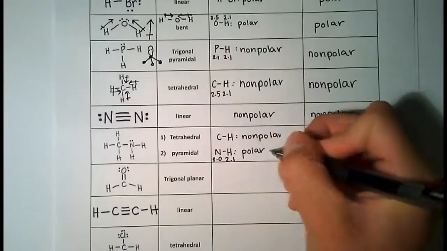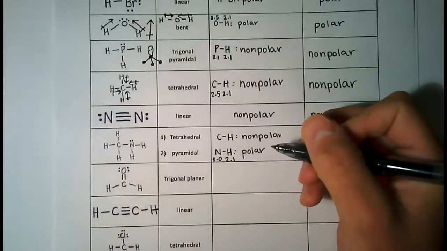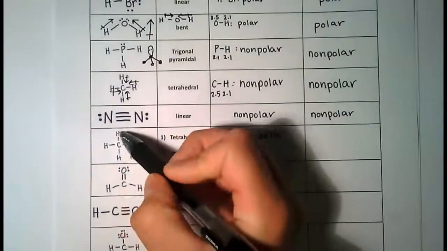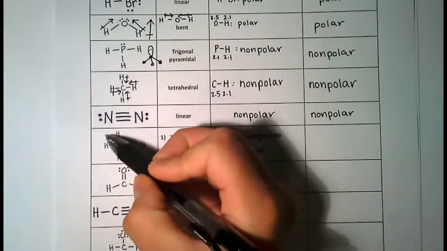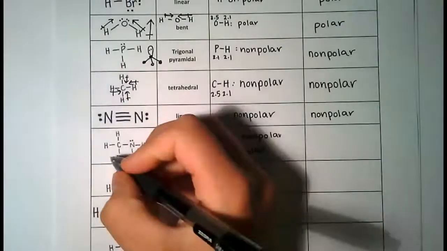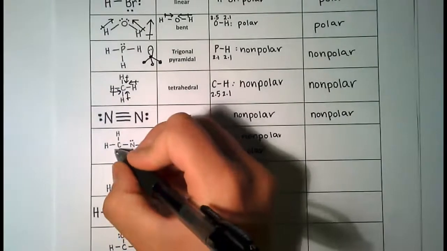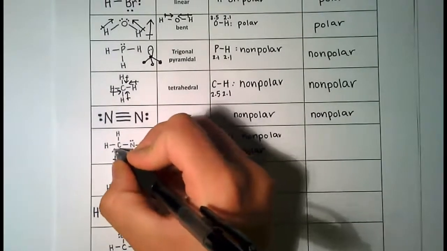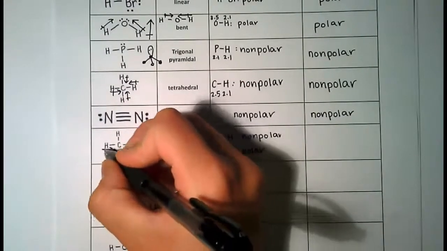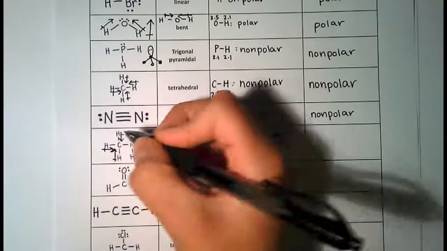So what does that mean for our overall molecular polarity? Well, all these bonds are relatively nonpolar, but let's go ahead and draw the arrows anyway, because they do have some difference in electronegativity. So if we were to draw these arrows, they would all point in towards carbon.